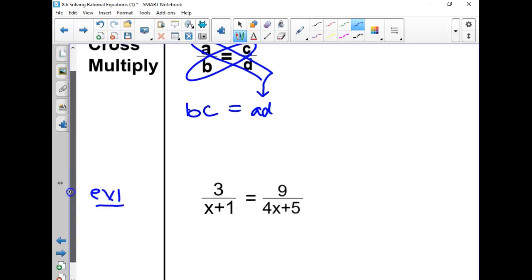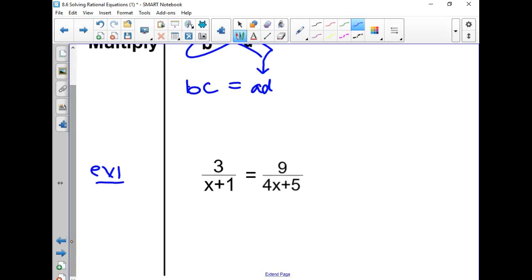So let's do that now. Does everyone have 3 over x plus 1 is equal to 9 over 4x plus 5? Get it written down. While you're writing it, notice we just have a fraction is equal to another fraction.